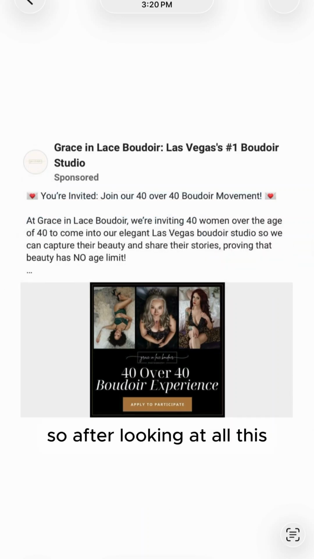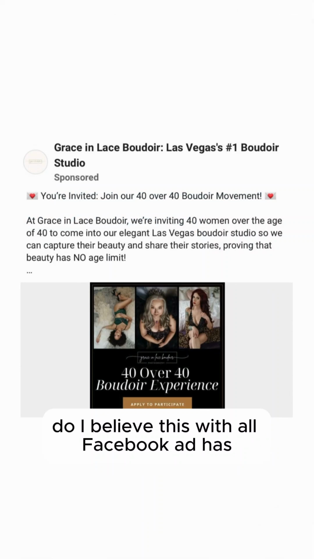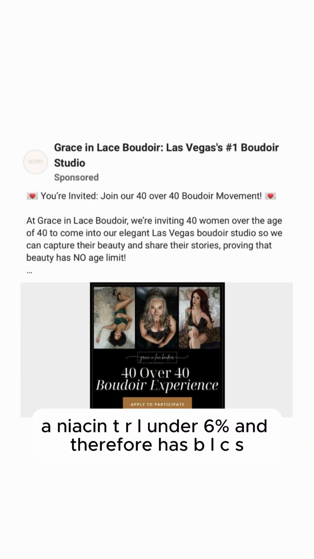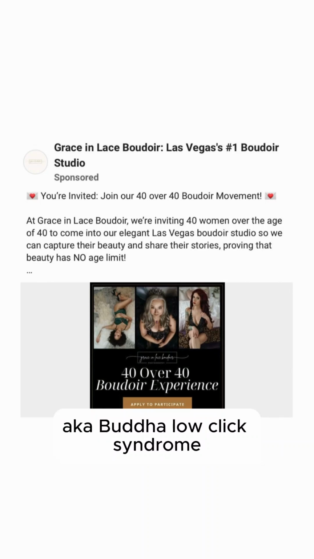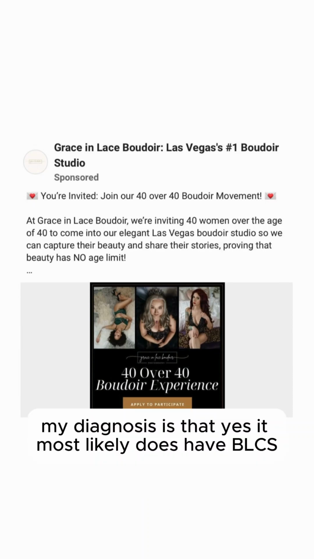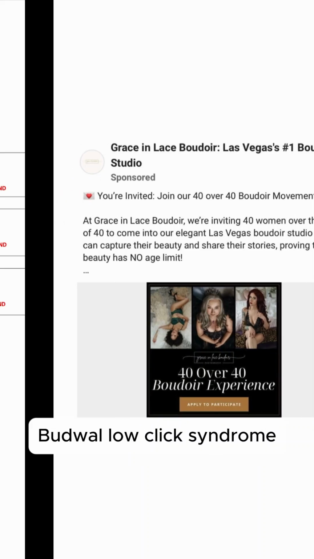So after looking at all this, do I believe this Boudoir Facebook ad has a unique CTRL under 6% and therefore has BLCS? Yes, I do. My diagnosis is a yes. It most likely does have BLCS, Boudoir low click syndrome.